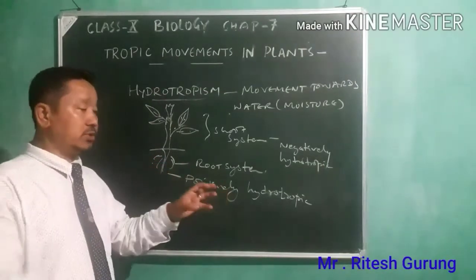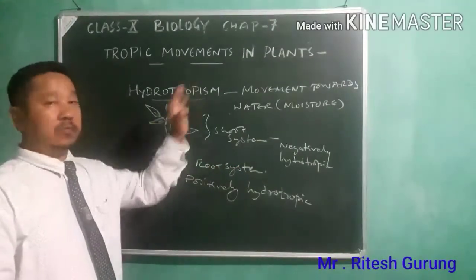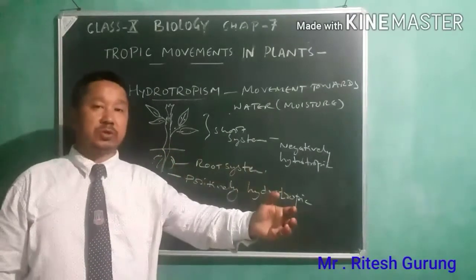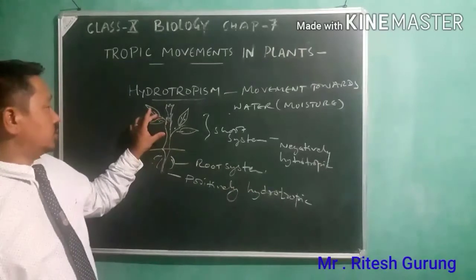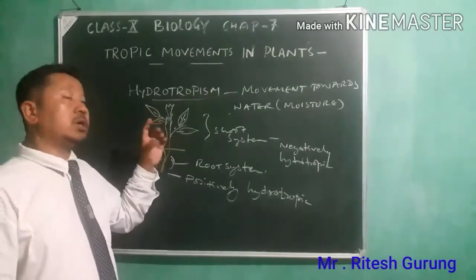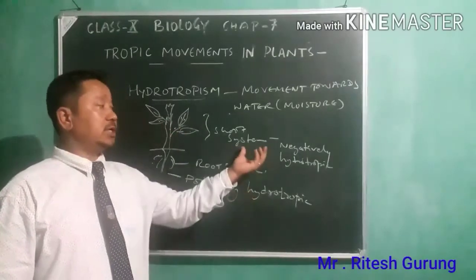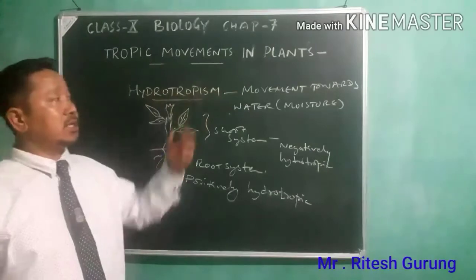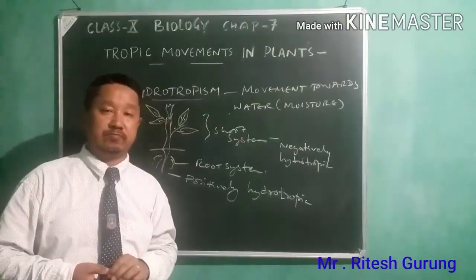Roots collect the water from the soil and supply it to the upper regions. The shoot system grows away from the source of water, so it is negatively hydrotropic. This kind of movement towards the source of water is called hydrotropism.